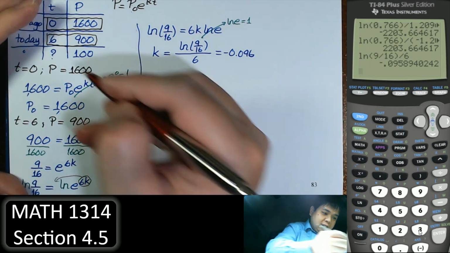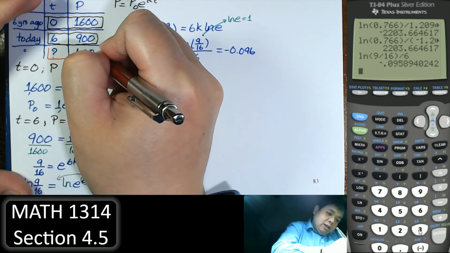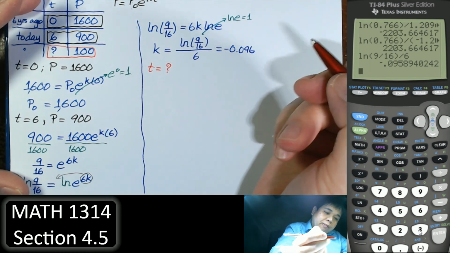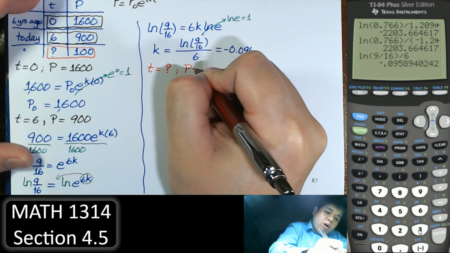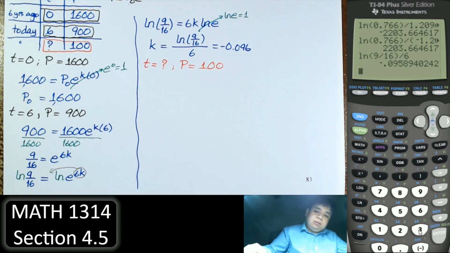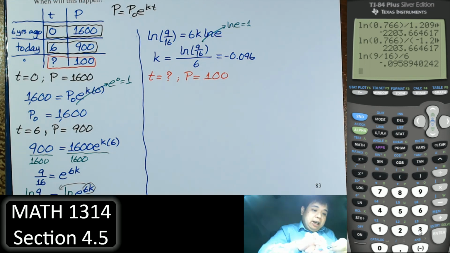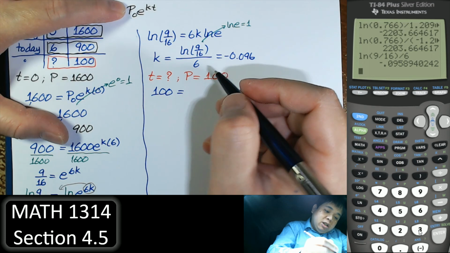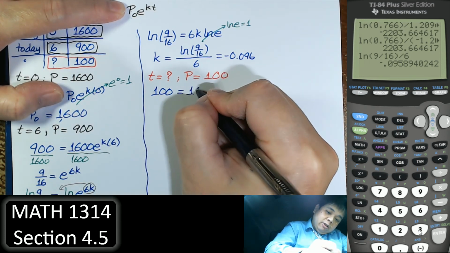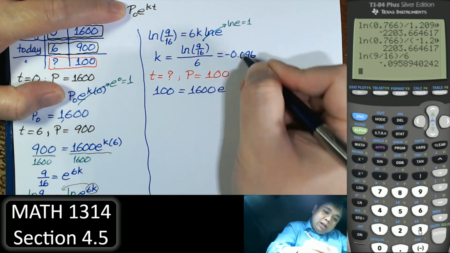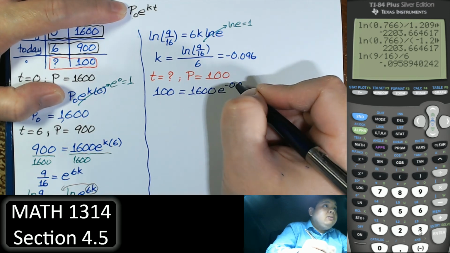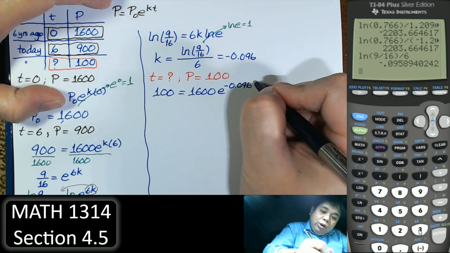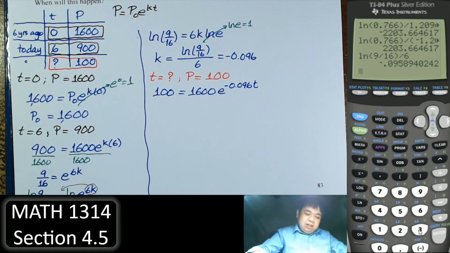And next is what is t? Where the population dropped down to 100. Right, now we know the population is going to be 100. P naught, we have that earlier, 1600. The rate, the time, we don't know, but that's okay, we solve for it.